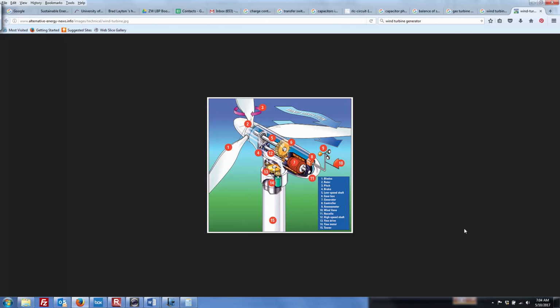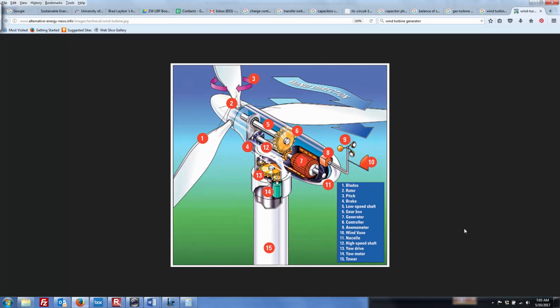So let's just take a look at this image. The question said we're going from mechanical energy, and that's what this is. This guy is mechanical energy. They're showing that it can rotate a little bit. You have a gearbox, and back here, this is the generator. So you can think of it basically as a motor operating in reverse.